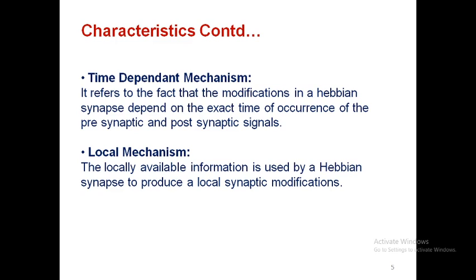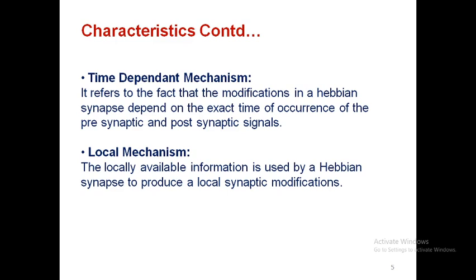Those two nodes should activate at exactly the same time. The modification depends on the exact time of occurrence of the presynaptic and postsynaptic signals. That's why it is purely dependent on time, and it has a local mechanism.